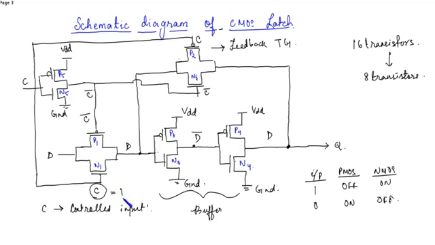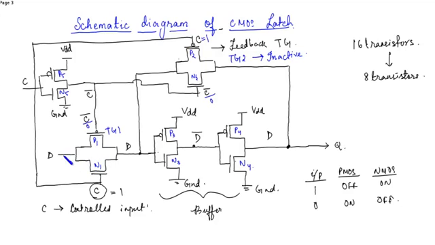So when C is 1, then here C bar will be equal to 0. Then this transmission gate will be activated, and over here C bar becomes 0 and here C is equal to 1. So this transmission gate 2 will be inactive, and the transmission gate 1 gets activated.